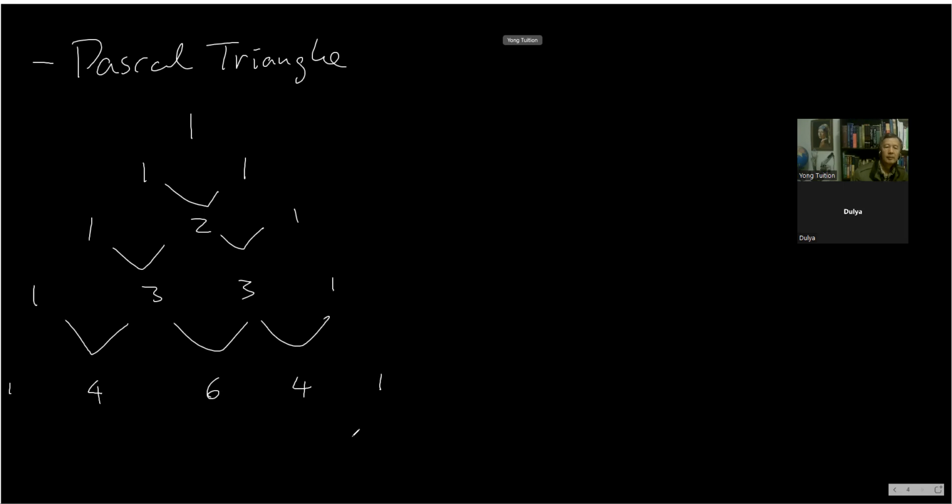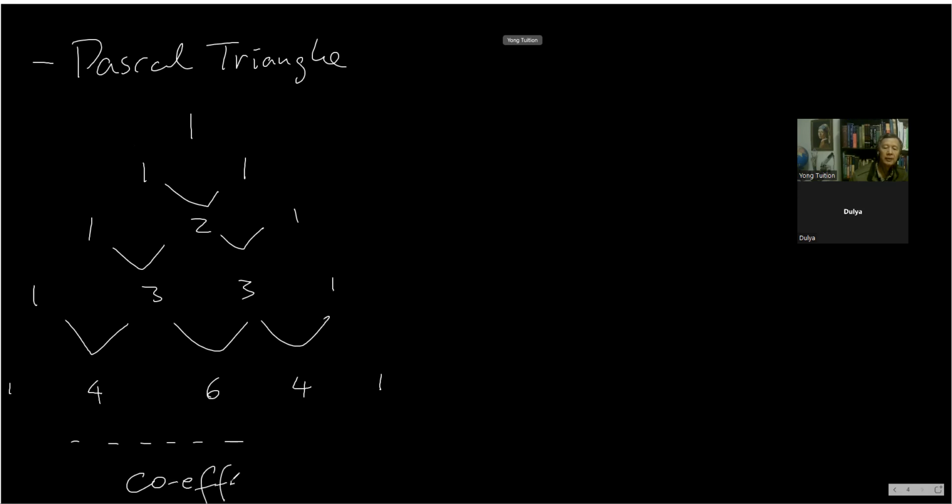I think it's used in the binomial theorem. Yes, that is a coefficient. These coefficients go on forever, and they are all the coefficients for the binomial theorem.